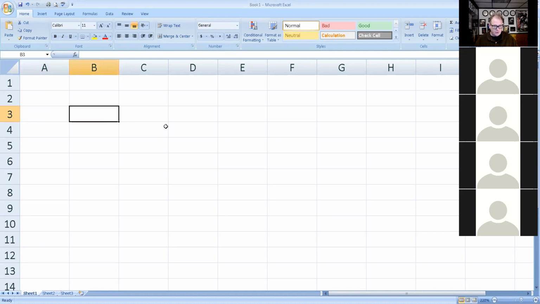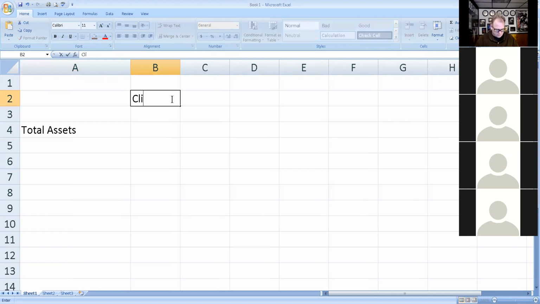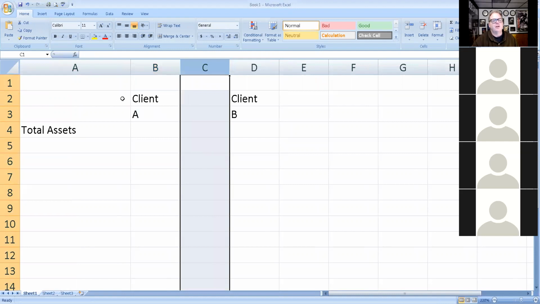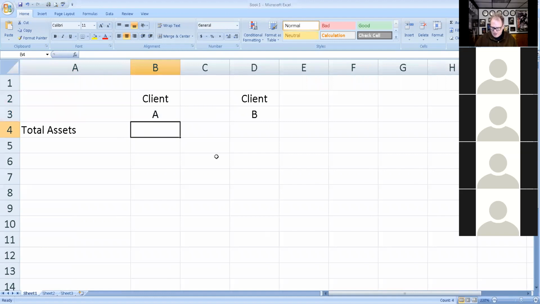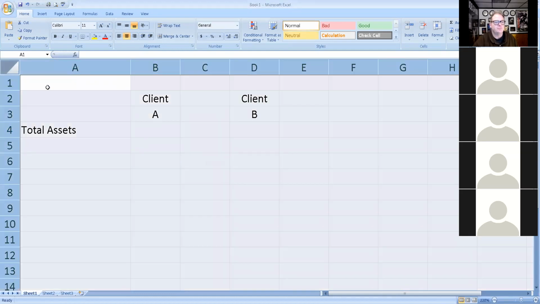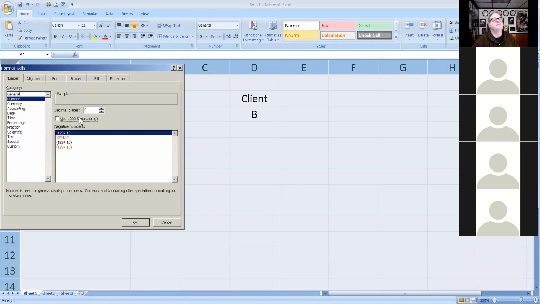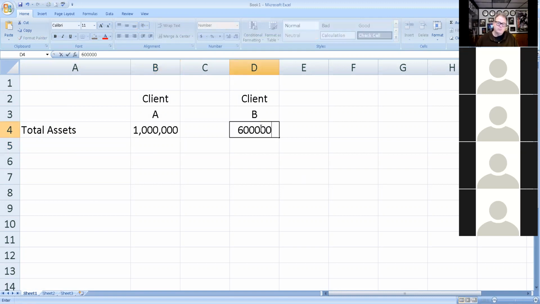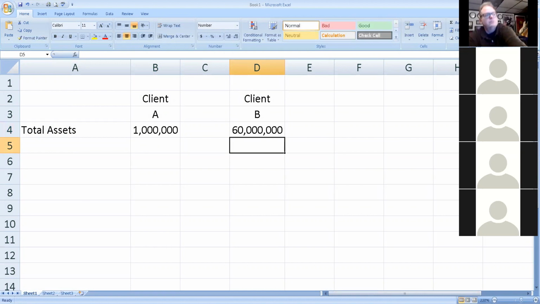Let's say we have total assets, and client A and client B. Client A has $1 million in assets, and client B has $60 million in assets.